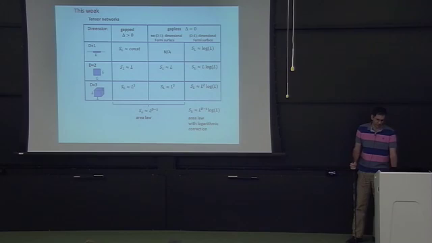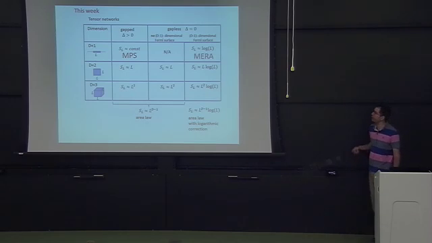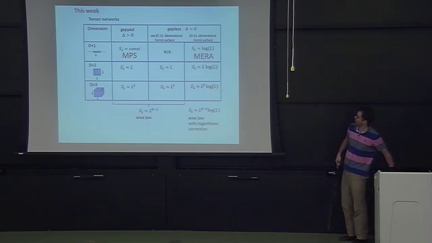And this week, what we've seen is that we have tensor networks. And during the week, we've seen that matrix product states fit very well with gapped systems in 1 dimension. Okay? The scaling of a matrix product state saturates to a constant. And MERA fits very well with the scaling of 1-dimensional ground states for critical systems.